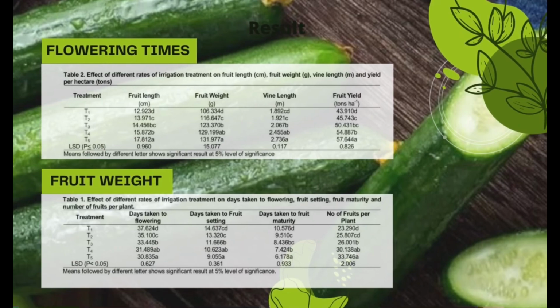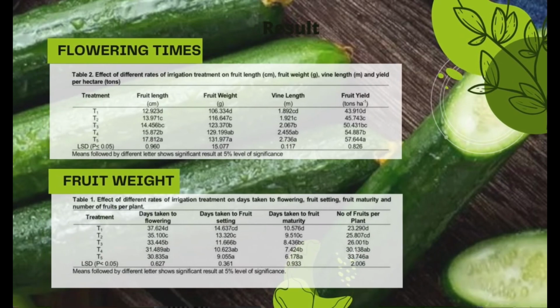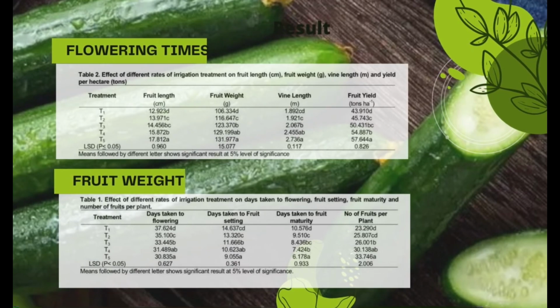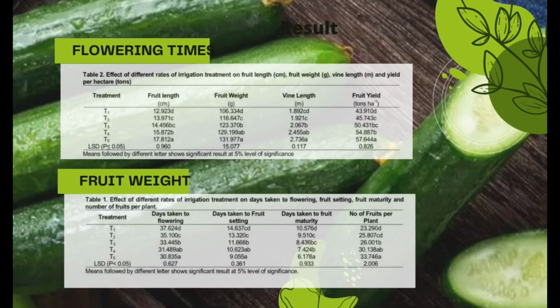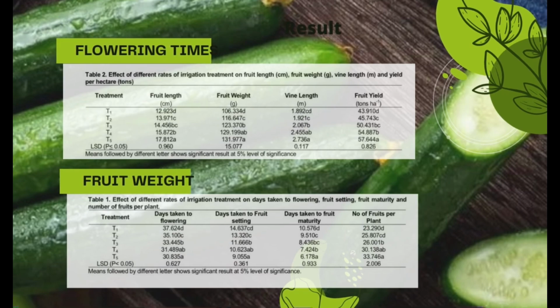T1 had the longest flowering time at 37.624 days. Watered plants bloom faster. Less irrigated plants bloom later. This result suggests that increasing irrigation level can shorten flower setting by several days and vice versa.